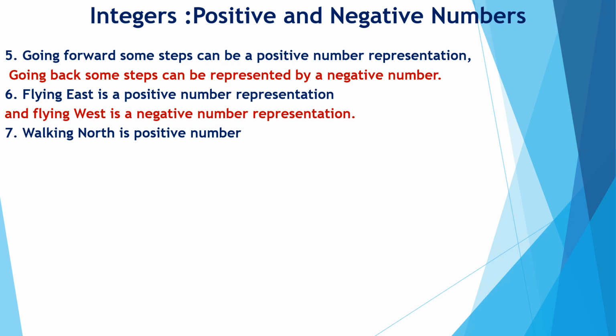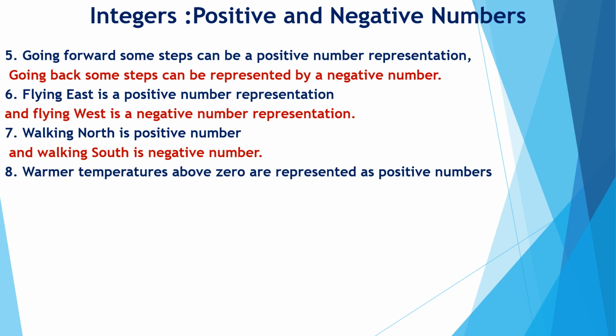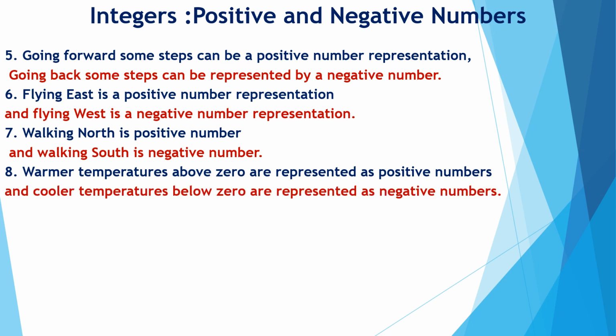Walking north is a positive number, and walking south is a negative number. Warmer temperatures above zero are represented as positive numbers. Cooler temperatures below zero are represented as negative numbers.